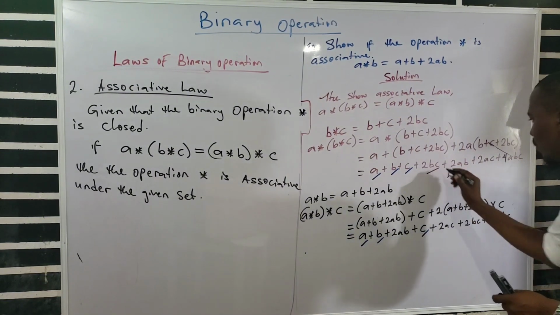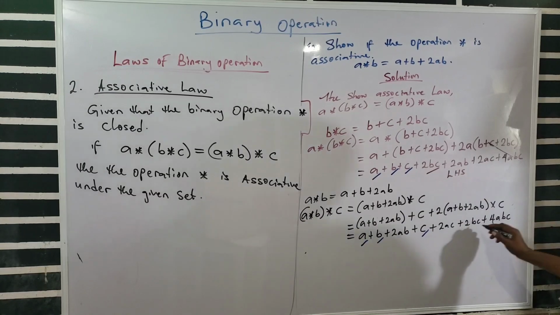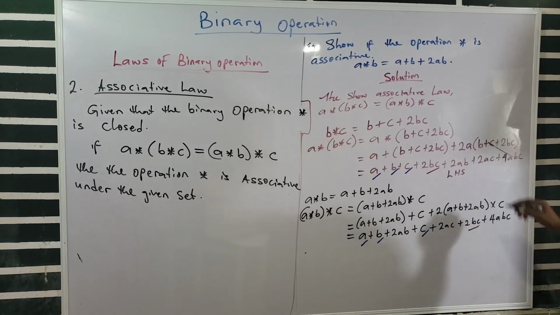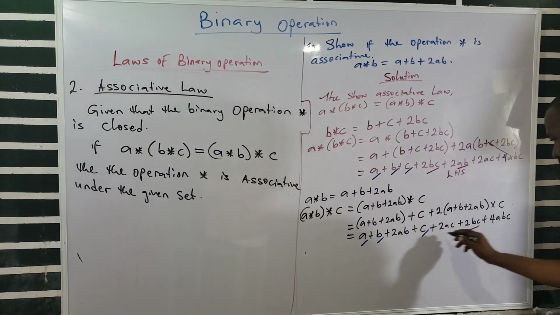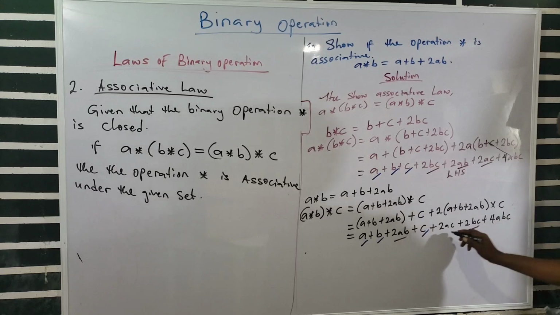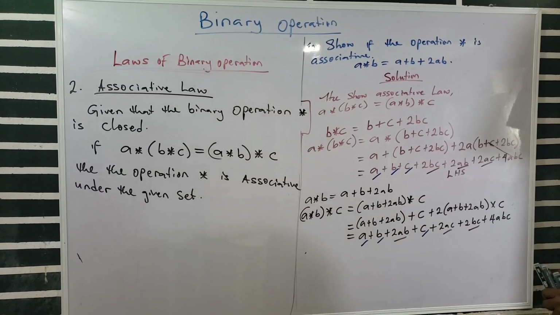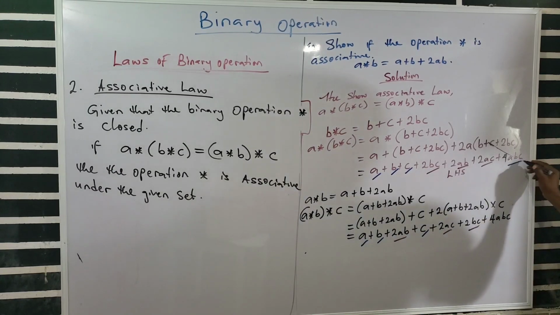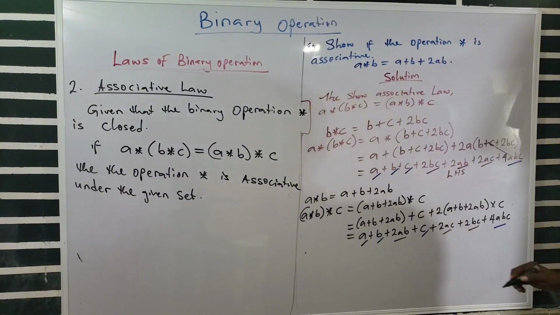So we have 2BC, yes, we have 2BC here, we have 2AB, yes, we have 2AB here, we have 2AC, we have 2AC. Then the last one, we have 4ABC, we have 4ABC.